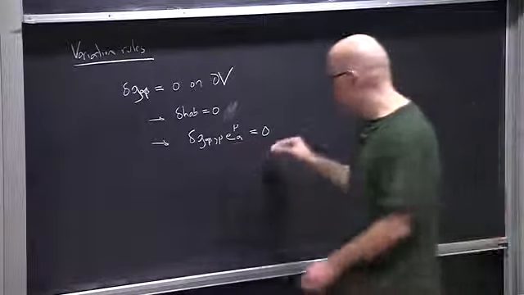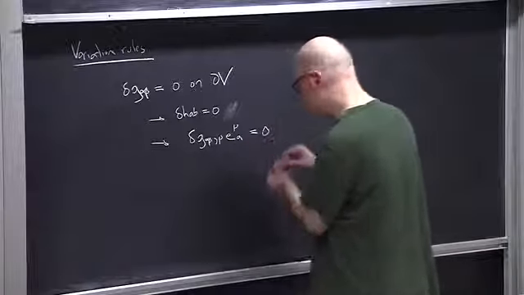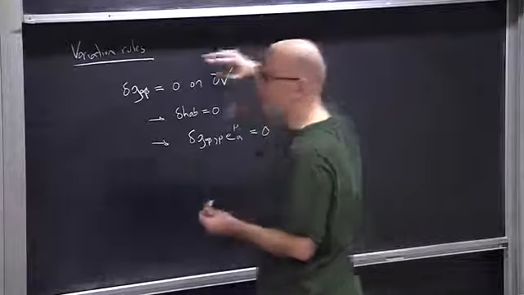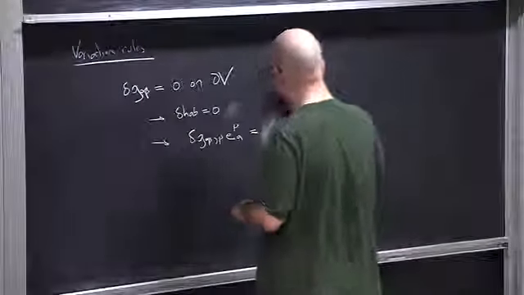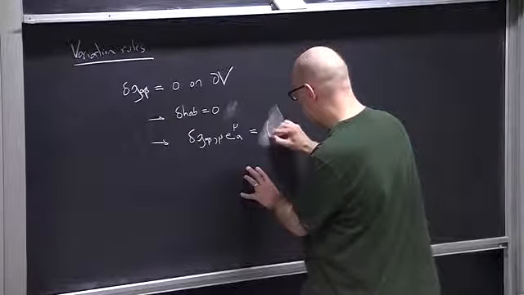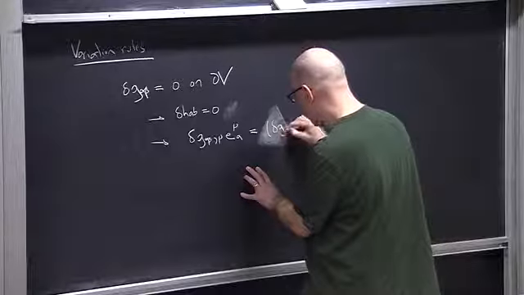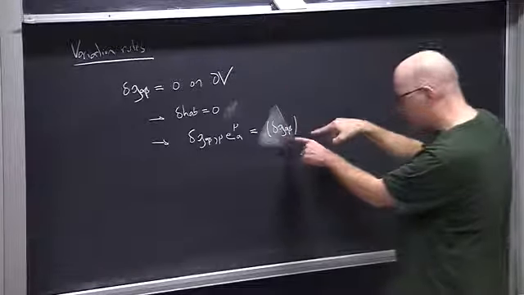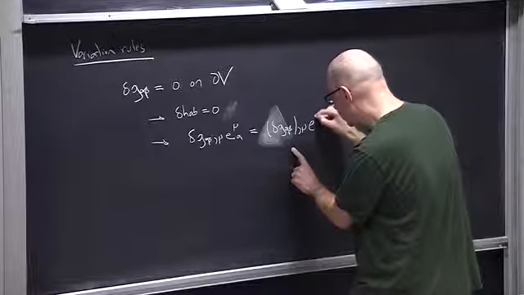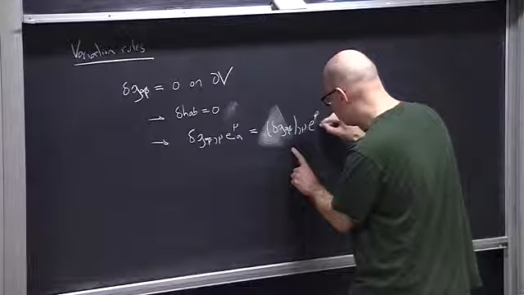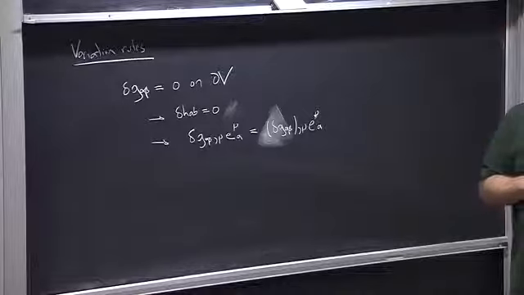Because this derivative, so what I really mean by that, I should write it out in a simpler form. What I'm really saying is that I take the metric variation and I differentiate it in the direction tangent to the boundary.